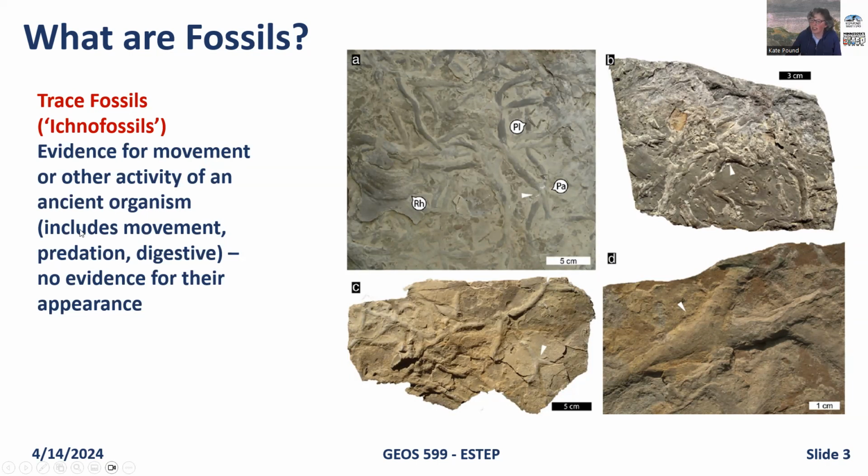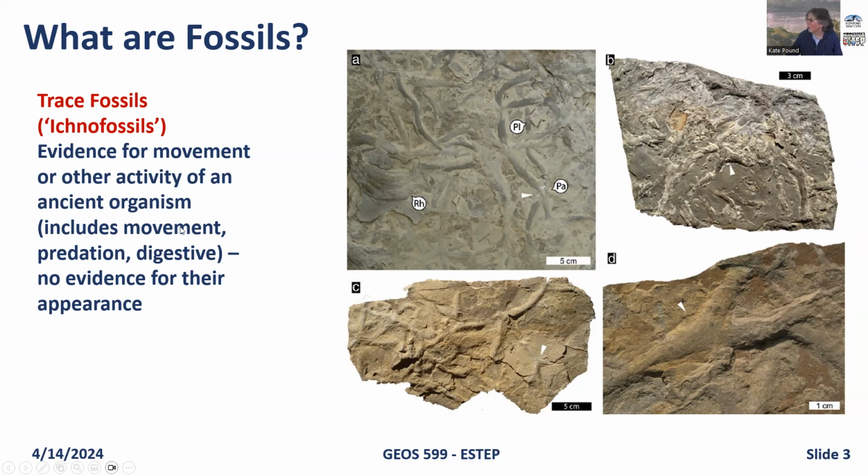These get divided into three different types, and then, of course, subdivided even more: movement, predation, and digestive.